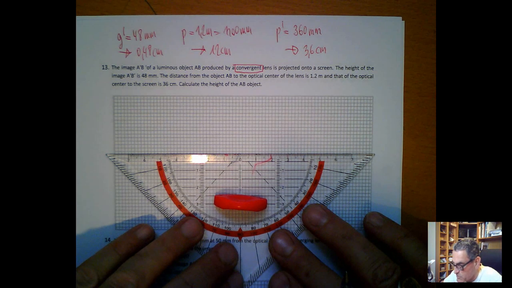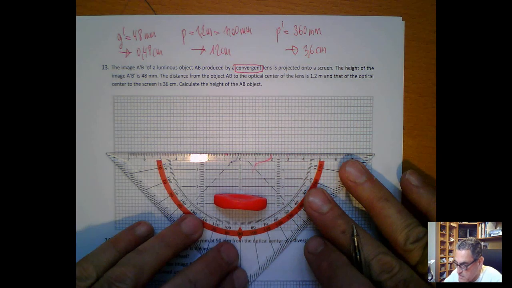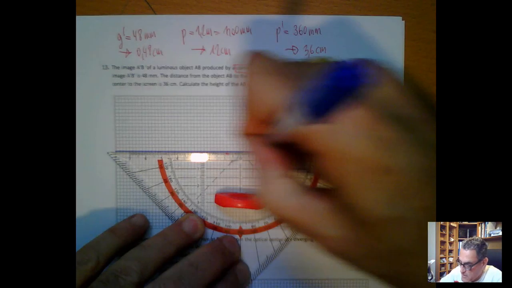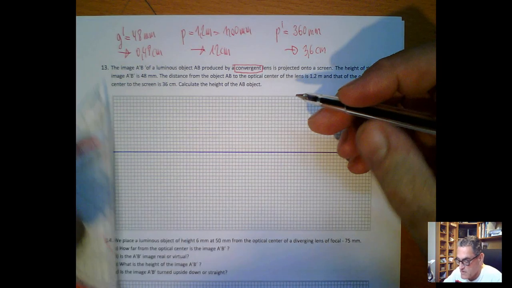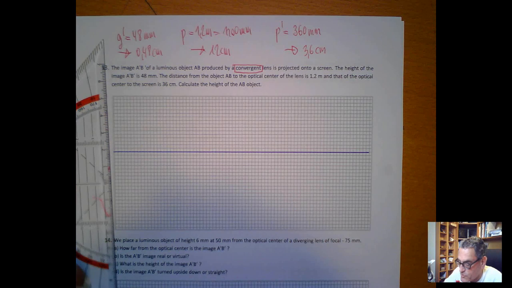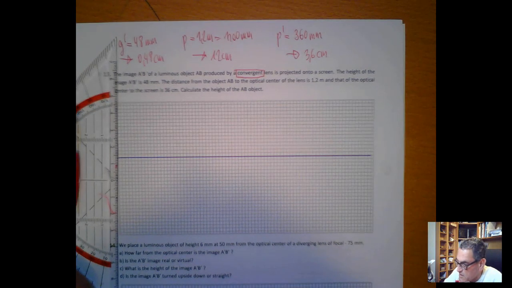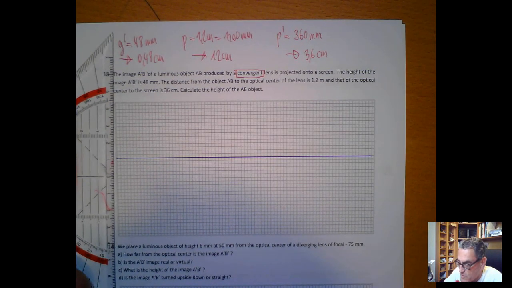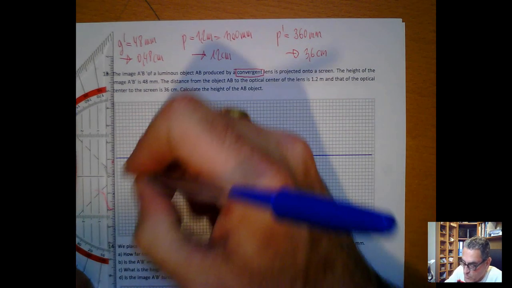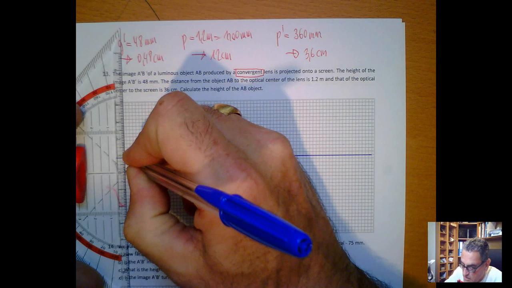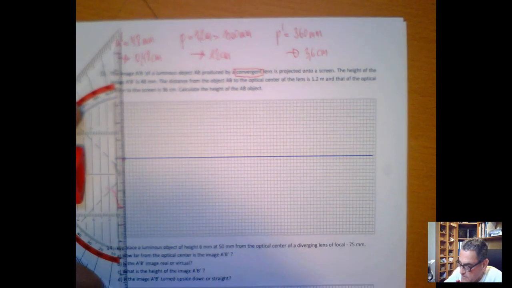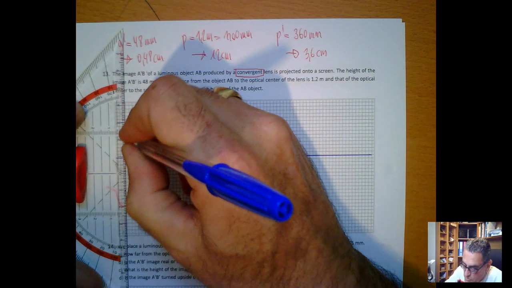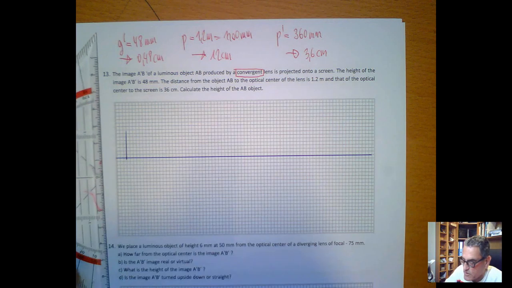Okay, let's draw the optical axis. Let's put our object somewhere, let's say here. And we don't know the height of this object.